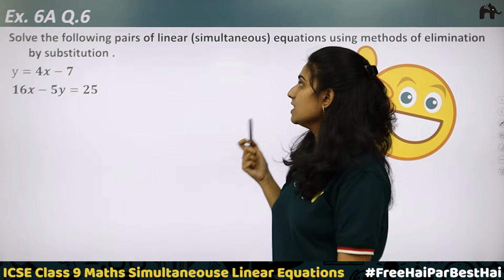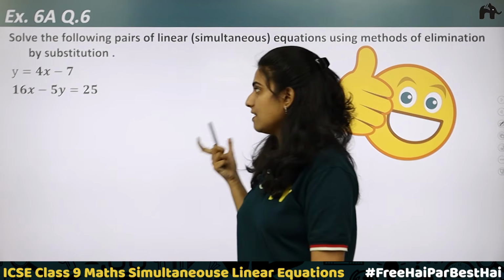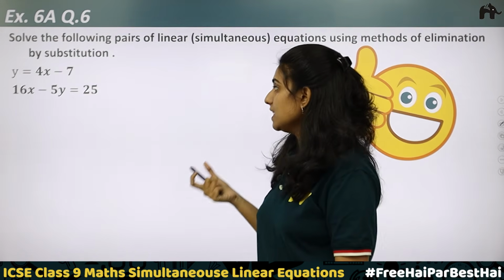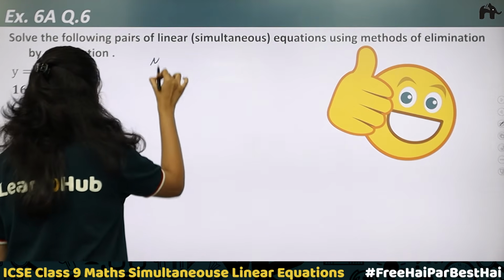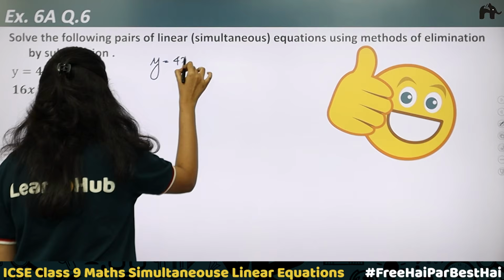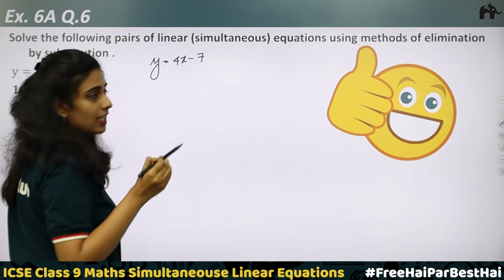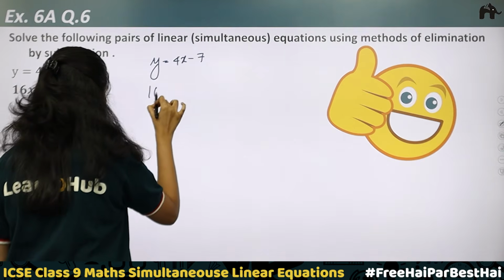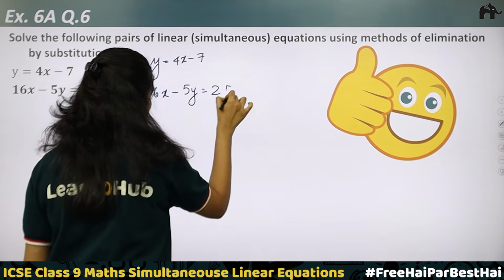Next, question number 6 of exercise 6a. Y is equal to 4x minus 7. 16x minus 5y is equal to 25. So here directly they have given y is equal to 4x minus 7 in the first equation. Substituting this value of y in the second equation. Second equation is 16x minus 5y is equal to 25.